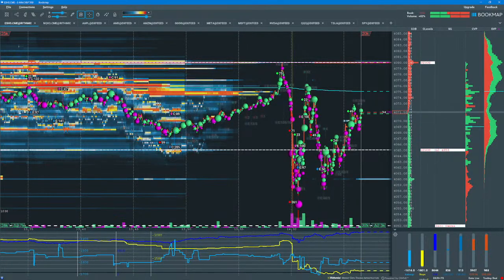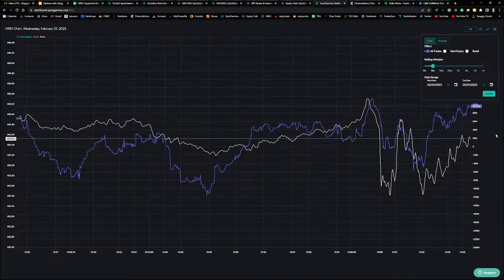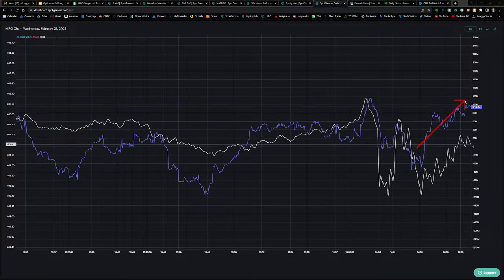Let's go back and check Hero. I'm going to go back to the total signal. So it looks like traders are taking positive delta positions, shown by the rising purple line.